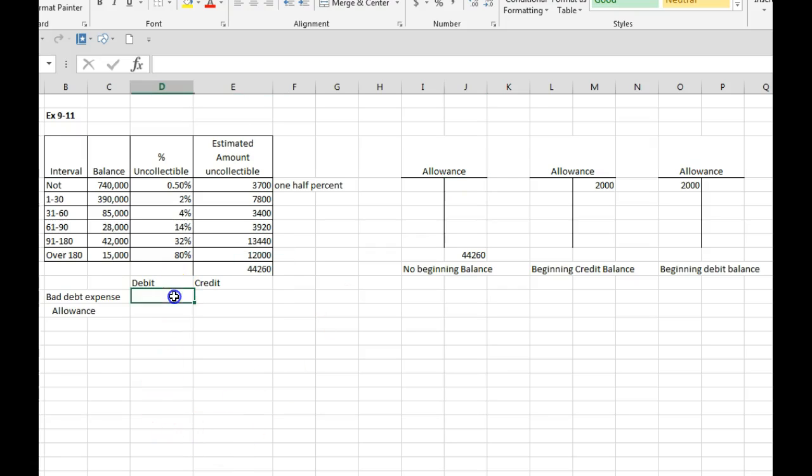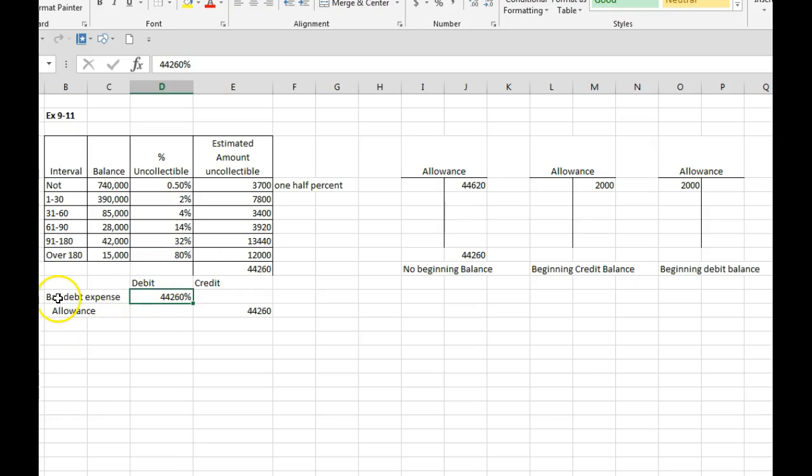Well, my bad debts is going to be 44,260, and I'm going to credit my allowance account for 44,260. And that simply sets it up. And I have my bad debts allowance set up, and I have my bad debt expense recorded. And that's not supposed to be that way, but you kind of get the idea.